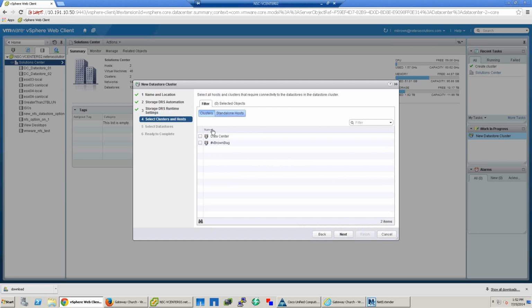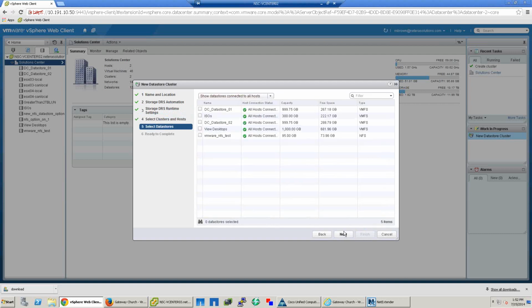So I want this data store cluster to be available to the one cluster I do have, and these two data stores are similar in the type of storage that's backing them.